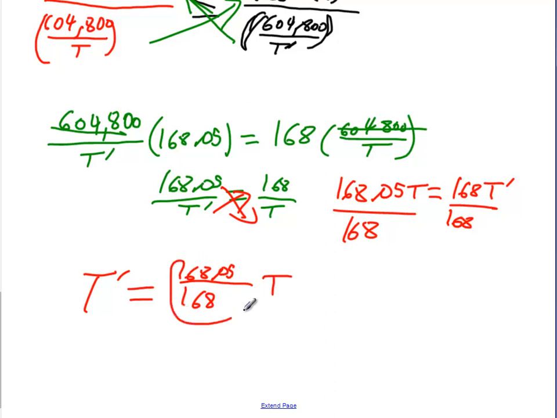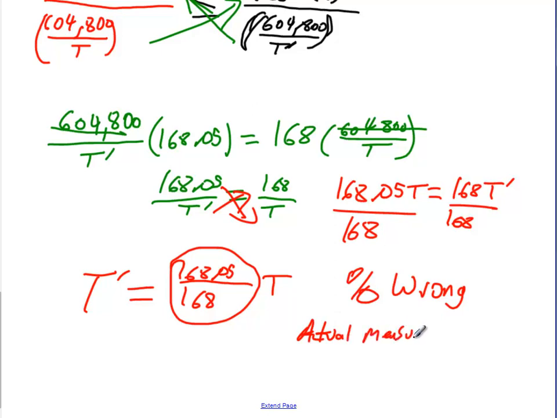Now this right here is interesting. That's the percent wrong. It's not as a percent, it's as a decimal, but that's okay. If you look at what I mean by that, this is the actual measure: the clock actually measured 168.05 revolutions, divided by the wanted measure.